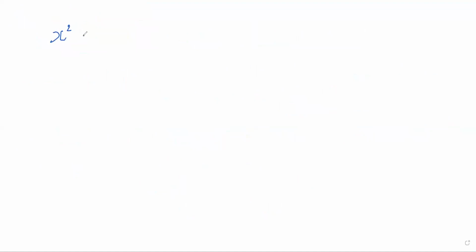That is p of x is equal to x square minus (alpha plus beta) into x plus alpha into beta. This is how we write the polynomial if they give the zeros of the polynomial. I will explain this while doing the sums.